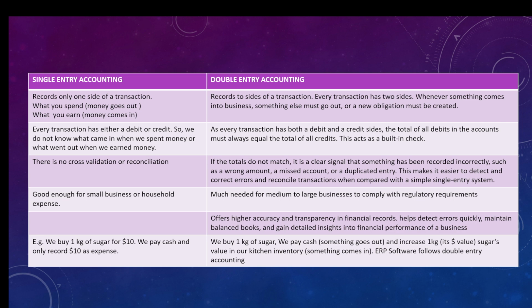So now to understand why ERP gives an offset account and a main account, the reason for that is to implement double entry.